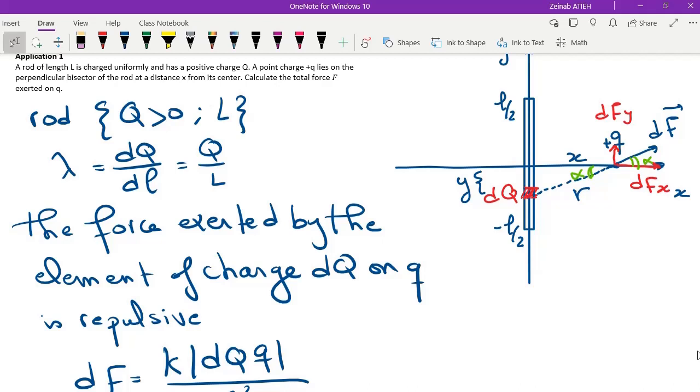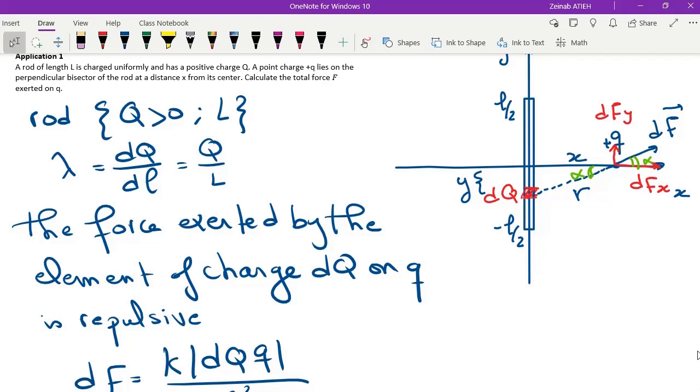Yes, the sign is positive. I always define the angle alpha. Always choose this angle, okay, because I benefit from the triangle. I will define this angle alpha, which is in green. Okay, so dfx equals plus df, the magnitude of df, times cosine alpha. For dfy it is plus because it is upward: plus df sin alpha. This is how I have written dfx and dfy.